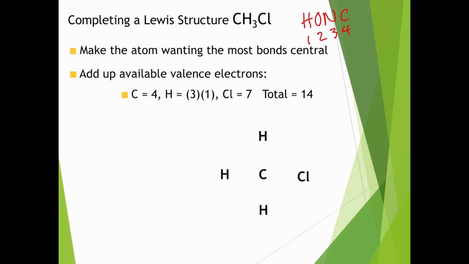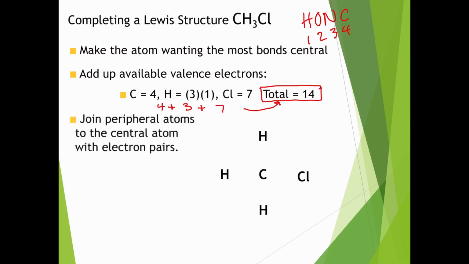So 4 plus 3 plus 7 gets us 14. So we have 14 electrons to use in our structure. This is going to be kind of straightforward when we're doing these first couple examples. As you get into bigger and bigger structures, counting up the total number of electrons that you have to use becomes very, very important. Okay?